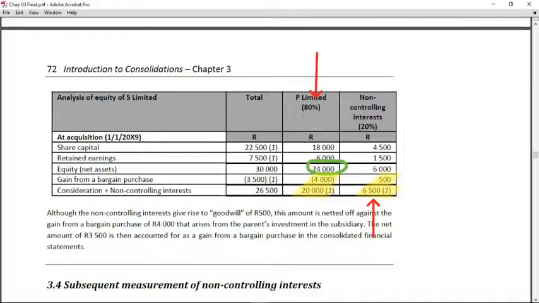But you have to calculate the goodwill or gain from bargain purchase in total for the group as a whole.